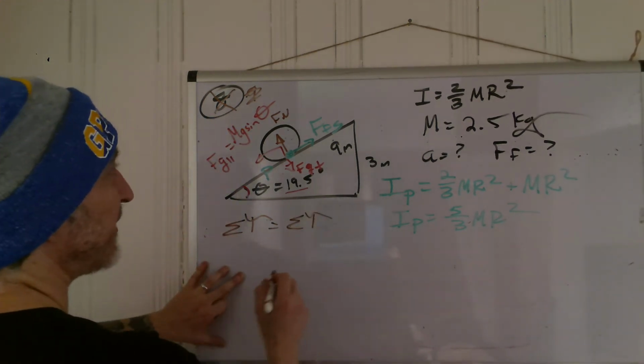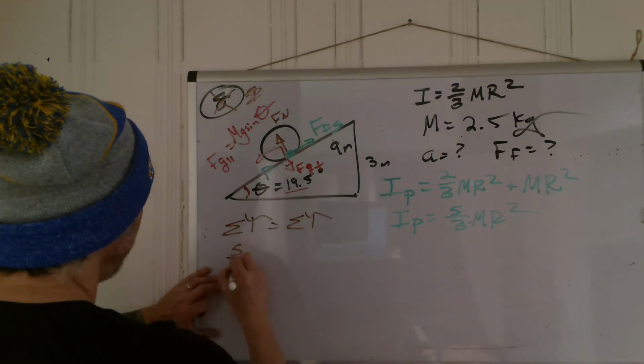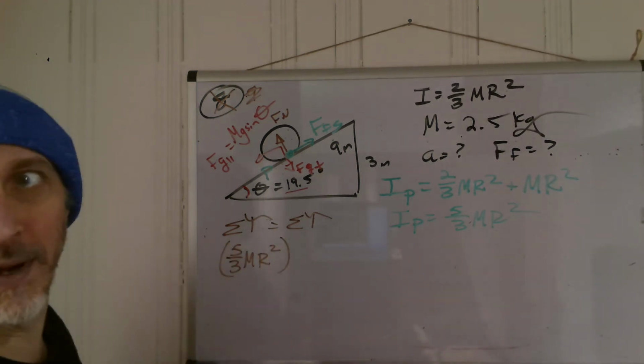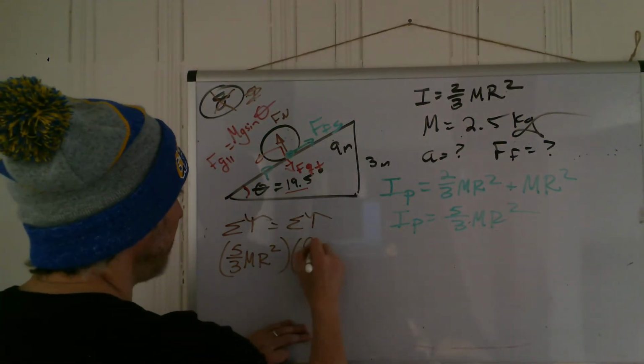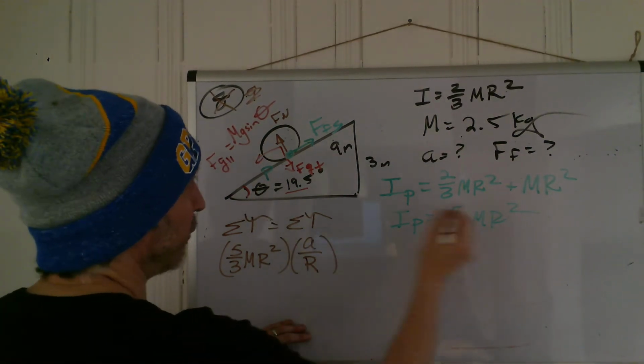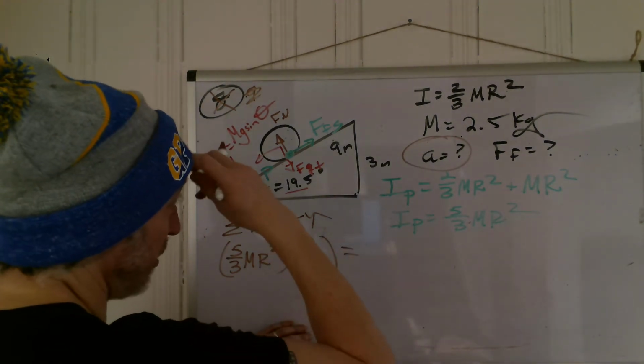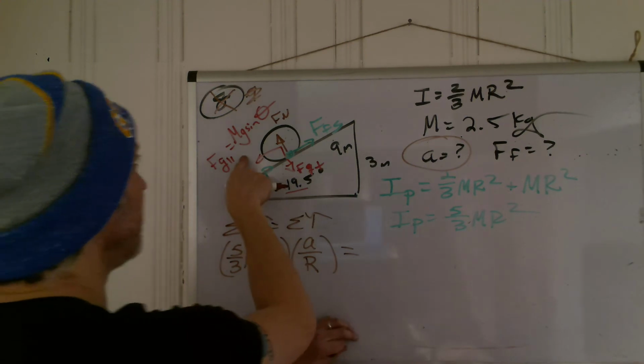So net torque equals net torque. We've got I, 5/3 mr squared, times alpha, but I want my r's to cancel, so I'm going to replace alpha with a over r, because I'm looking for a, not alpha. That has to equal our net torque, and the only force providing a torque is FG parallel.